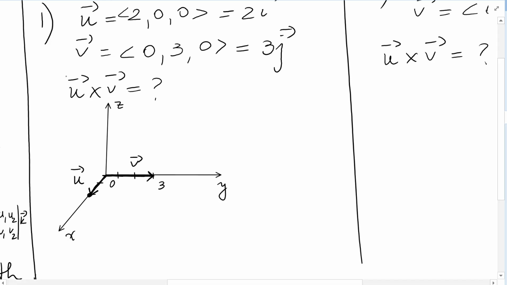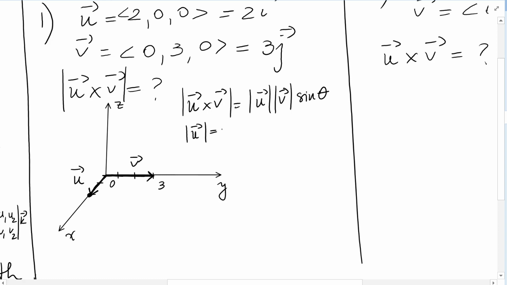Let's say we want to find the magnitude of u cross v. The magnitude of u cross v is equal to the magnitude of u times the magnitude of v times sine of theta, which is the angle between the two of them.